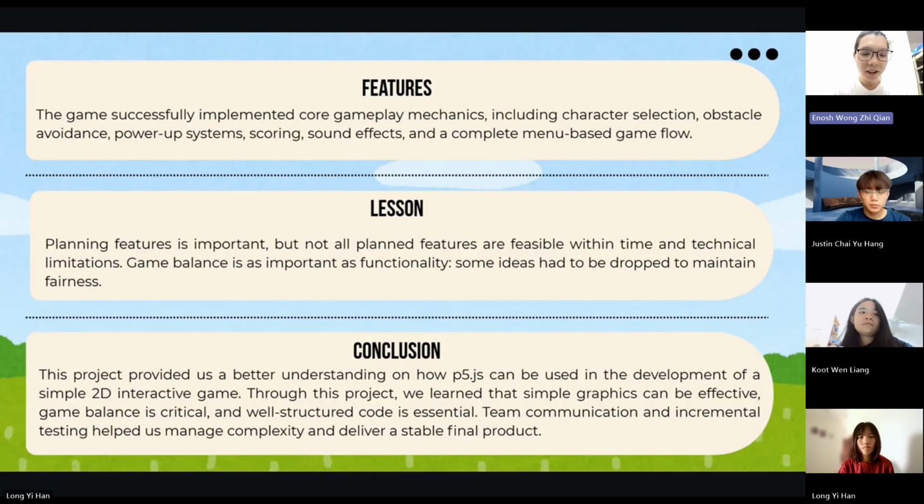And also the lesson learned from this project is that planning features is very important, but not all planned features are needed within time and technical limitations. And also game balance is as important as functionality. Some ideas had to be dropped to maintain fairness.